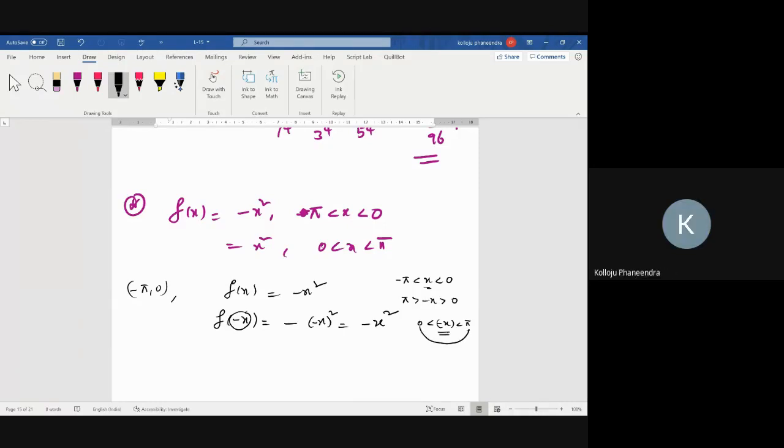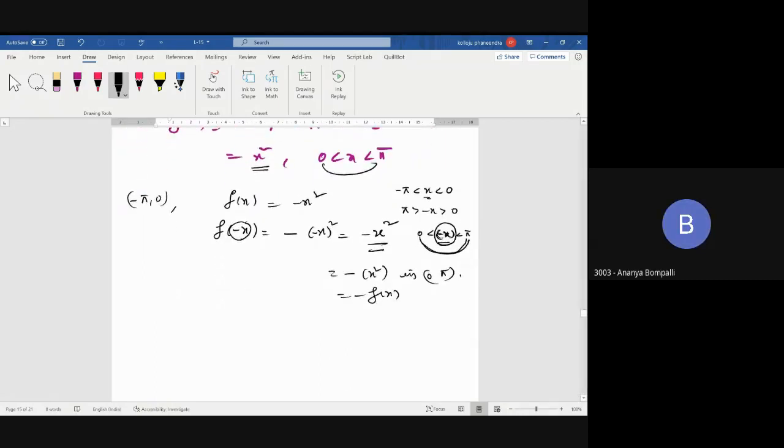When I replace x by minus x, this minus x must belong to 0 to pi. In 0 to pi the function is x square, but what I am getting is minus x square. So this is minus f of x in the interval 0 to pi. Agreed?